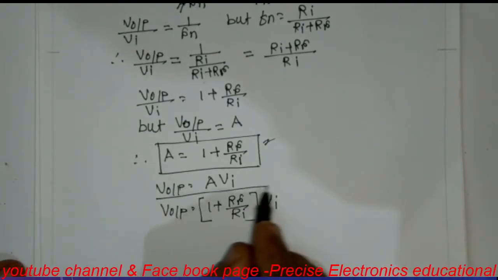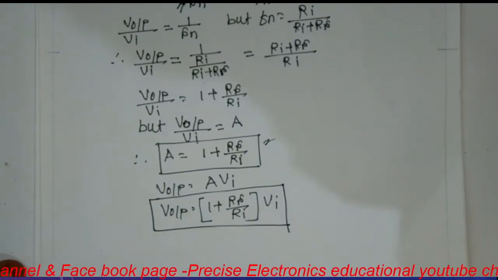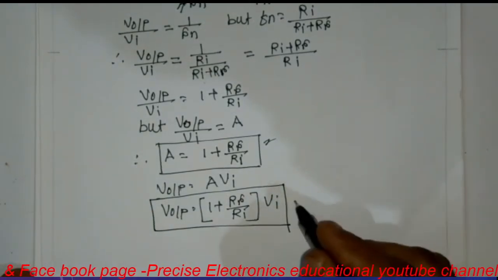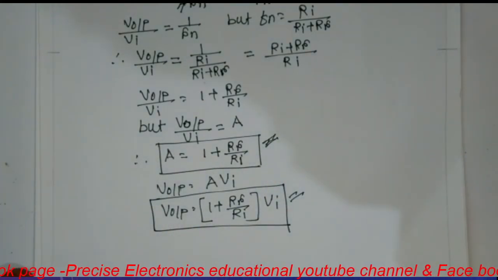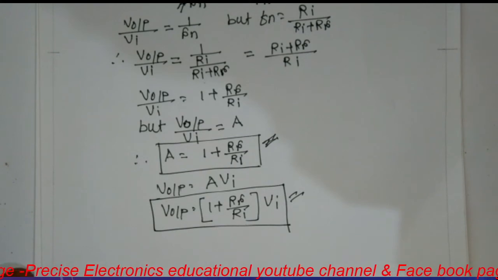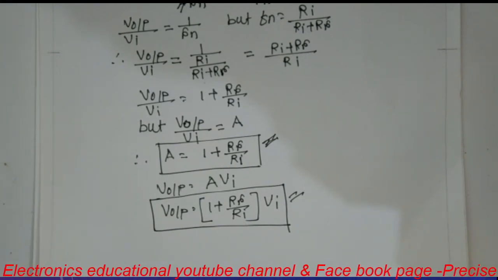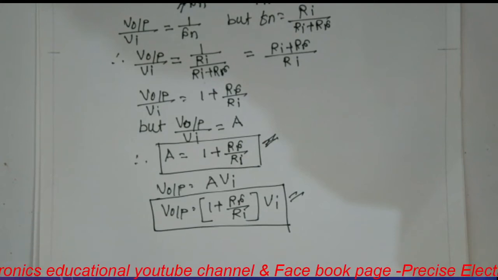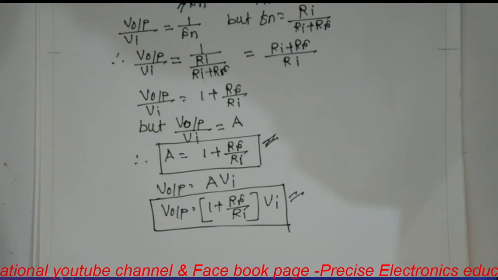So this is the formula used to find out the output voltage of the non-inverting amplifier. And the gain of the amplifier is given by A is equal to 1 plus Rf upon Ri. So these two formulas are used to derive the gain and the output voltage of the non-inverting amplifier. So friends, that is the non-inverting amplifier.